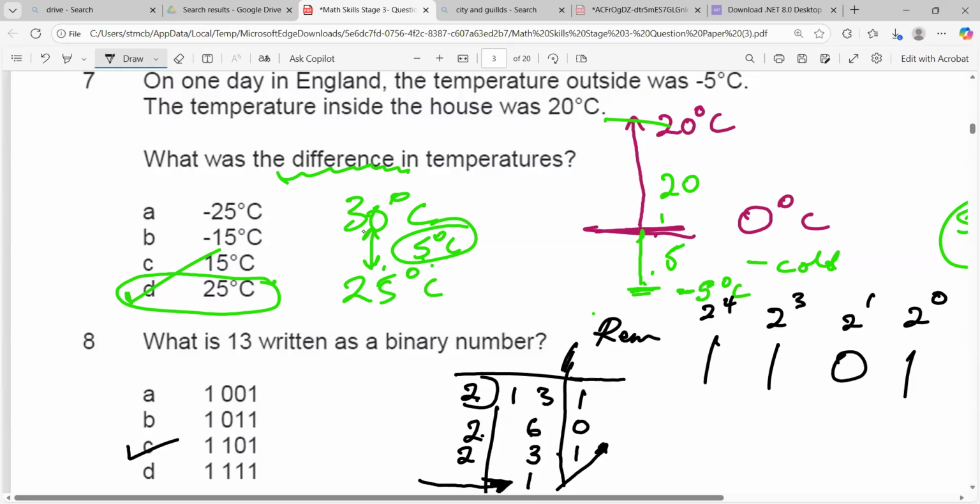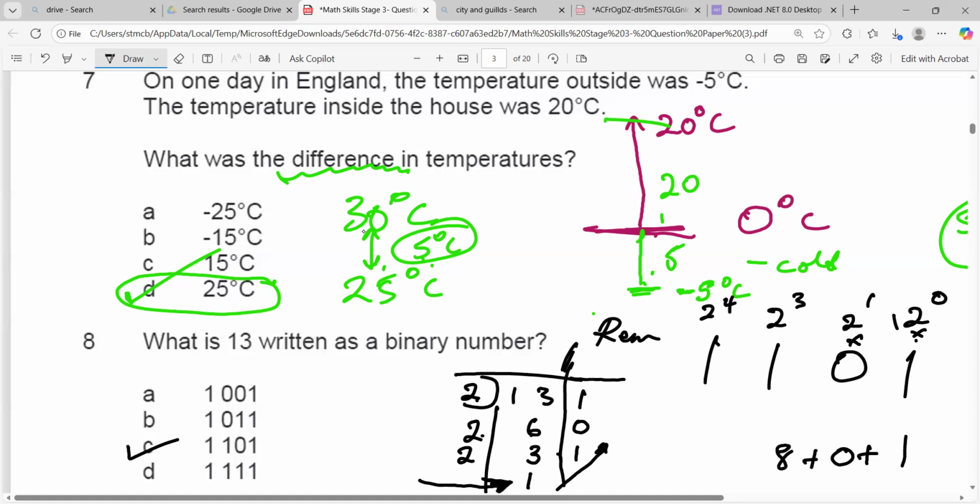Everybody should know that any number raised to the power 0 is 1. So we multiply 1 times 1, this is 1. 2 to the 1 is 2. 2 times 0 is 0, so we put plus 0. What is 2 to the 3rd power? 2 times 2 times 2 is 8. 8 times 1 is 8.